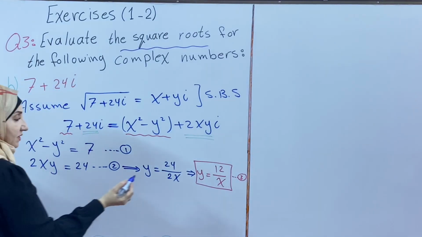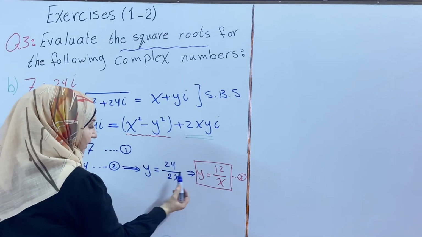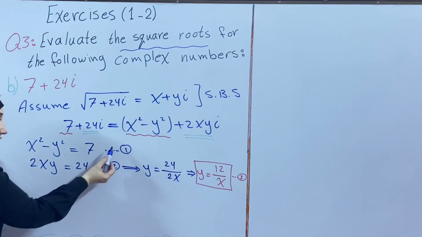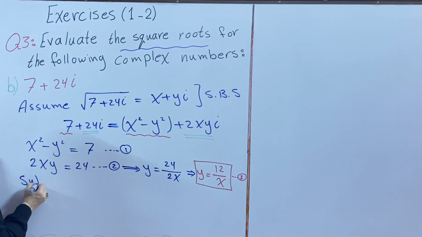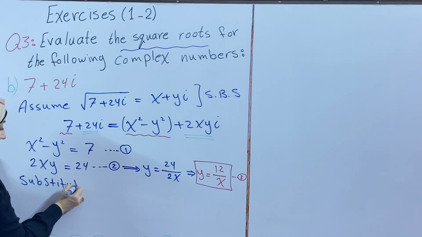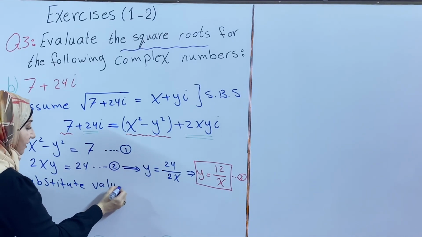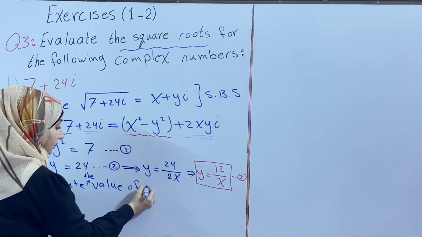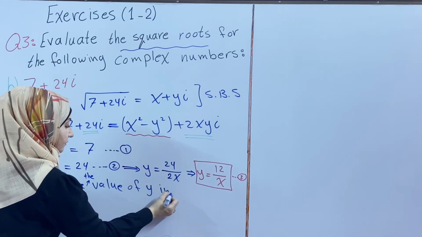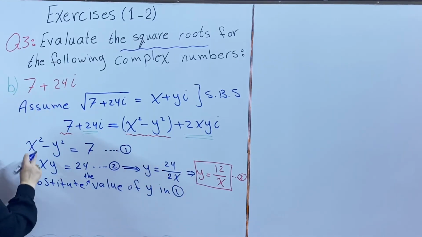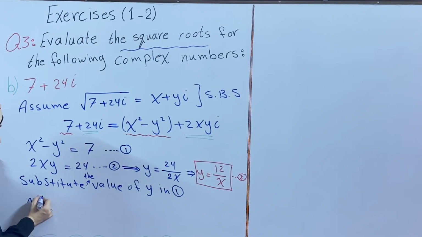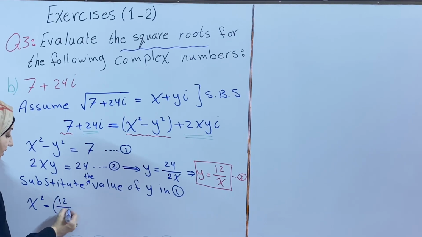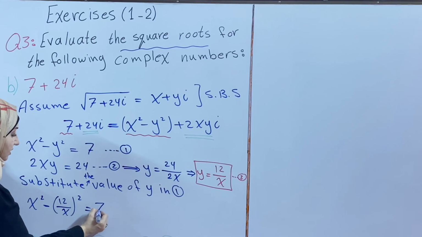And now we will substitute the value of y, which we get from equation 2, in equation 1. So we will get x squared minus y squared, y equals 12 on x, squared equals 7.